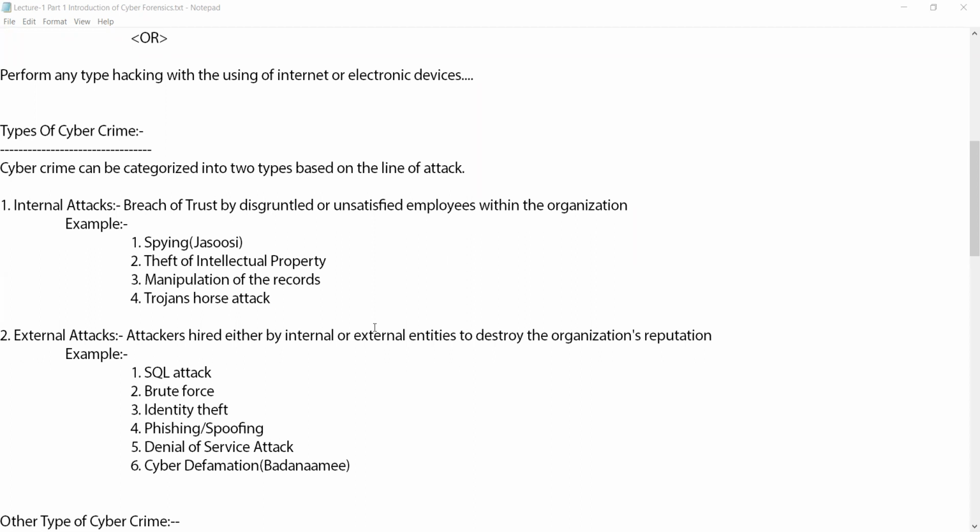This is again a type of crime called an internal attack. And the last one is the Trojan horse attack. If bad employees inject a Trojan into the computers in a system, then another person can easily get access to the whole network of the company using that Trojan, that malware. This is again a crime included in the category of internal cyber attacks.